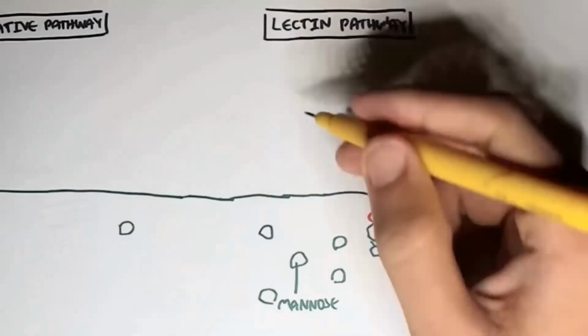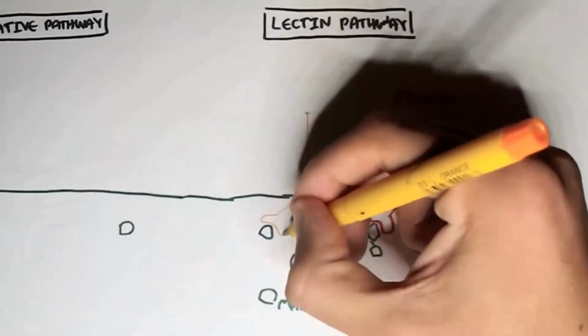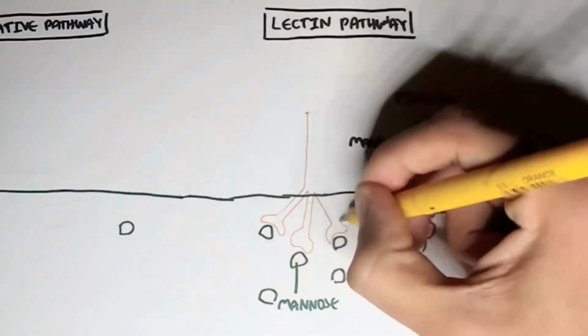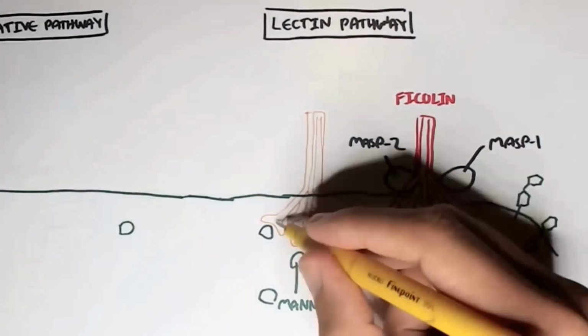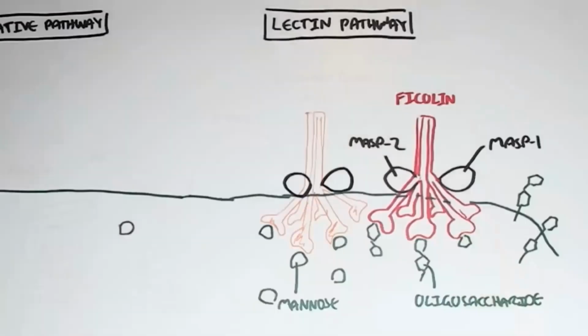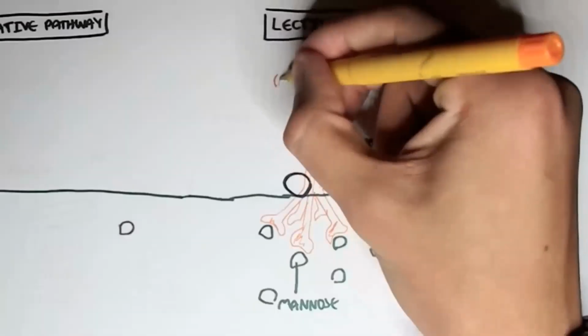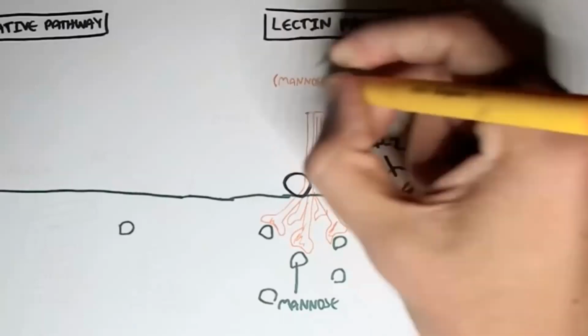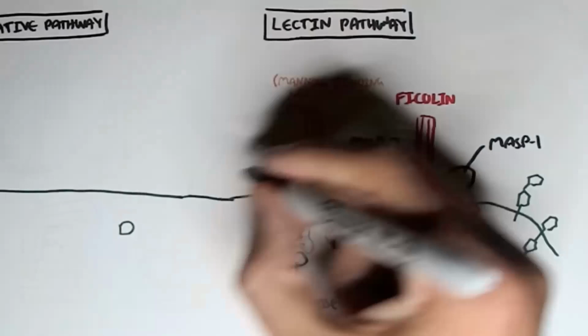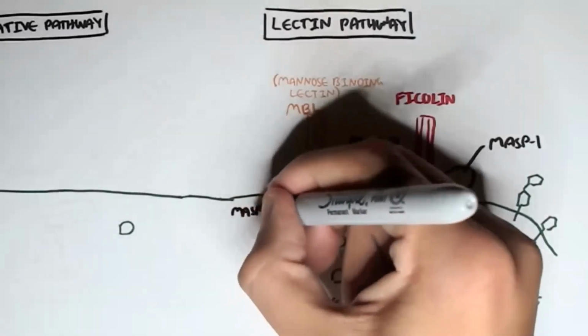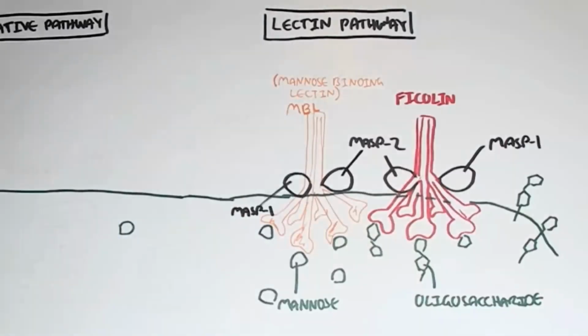Another type of protein is the mannose binding lectin, or abbreviated MBL, which binds to mannose parts of the pathogen. Mannose binding lectin also comprises other proteins, the MASP1 and MASP2, similar to the ficolin. And MASP stands for mannose-associated serine protease. So there's two types, the mannose-associated serine protease 1 and mannose-associated serine protease 2.